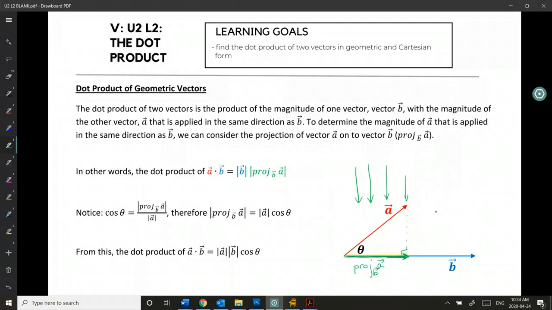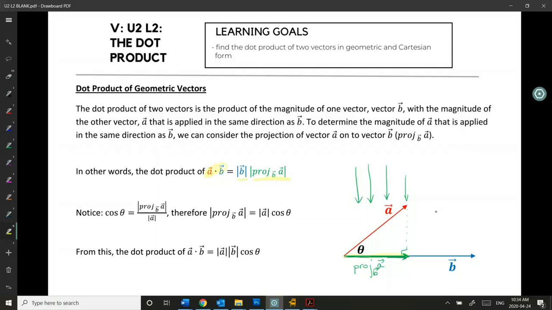So you can see this over to the left here. We say the dot product A dot B is the magnitude of vector B multiplied with the magnitude of the piece of A that is going in the same direction as B. So this is like rectangular vector components.